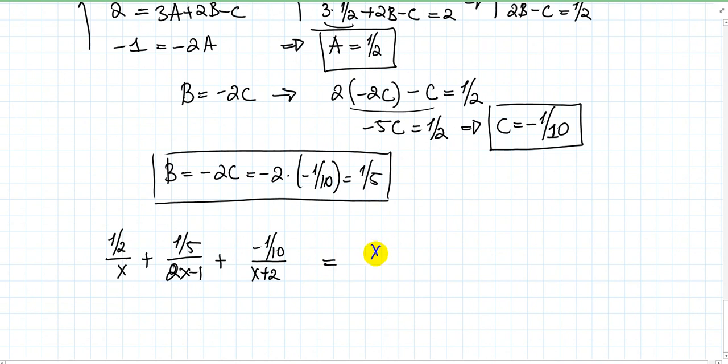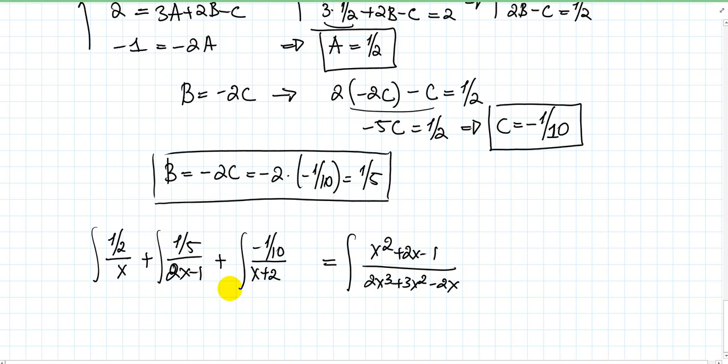It was x squared plus tx minus 1 divided by tx cubed plus 3x squared minus tx. So if I need to integrate this, then I can just integrate these three fractions and sum them. The answer will be the same. Now let's integrate them, which is more or less straightforward, right?